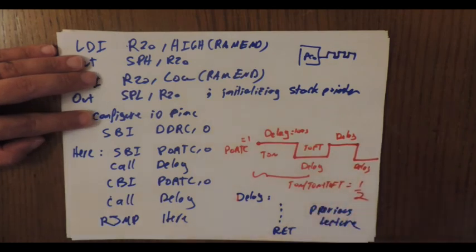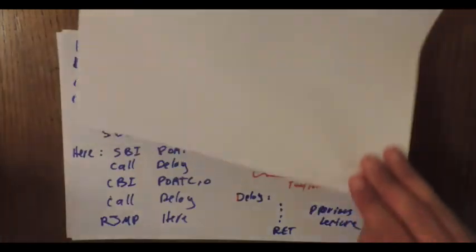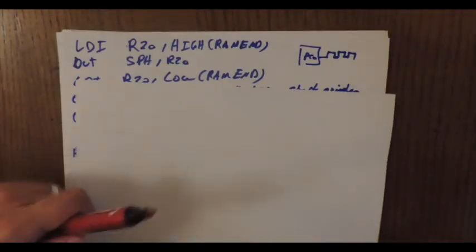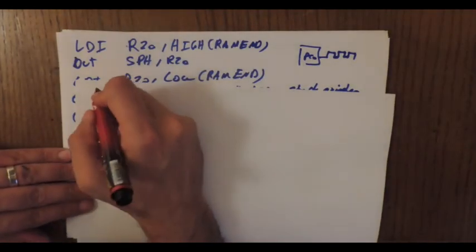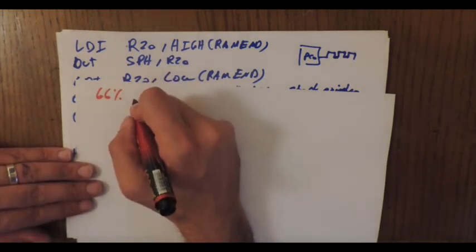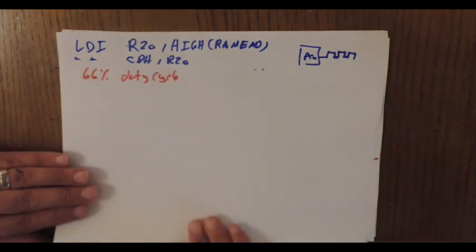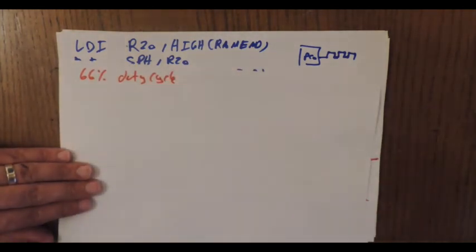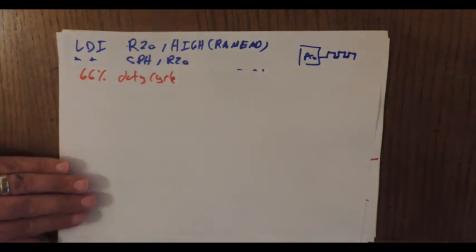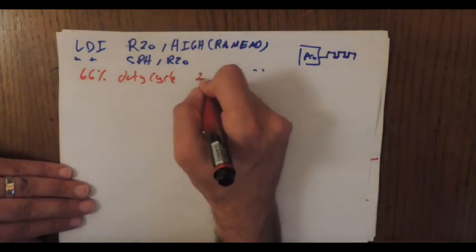So if we take this value, T on over T on plus T off will be equal to half. Now if you want to change the problem to have 66% duty cycle, this will be roughly 2/3, right?